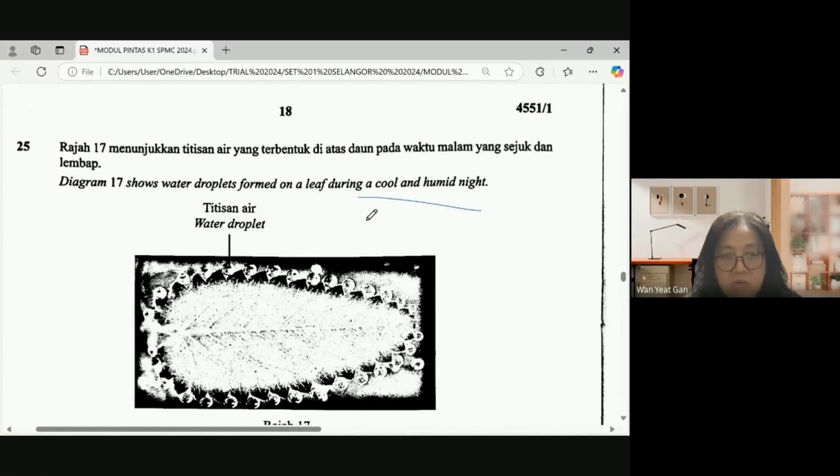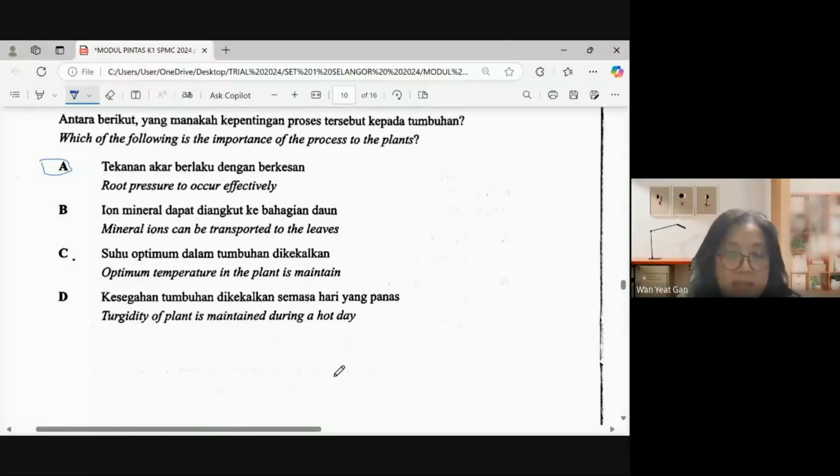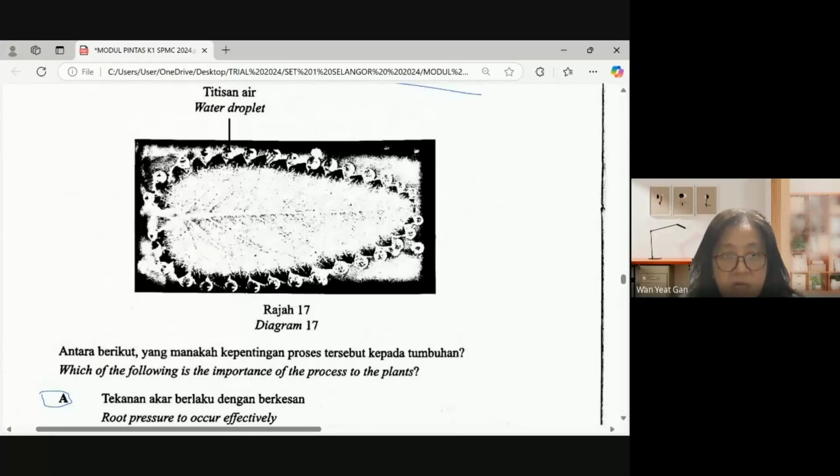As a result, root pressure continues to occur in order for the absorption of water and mineral ion to be continued throughout the night. So the excess water is then secreted out through the hydathodes.